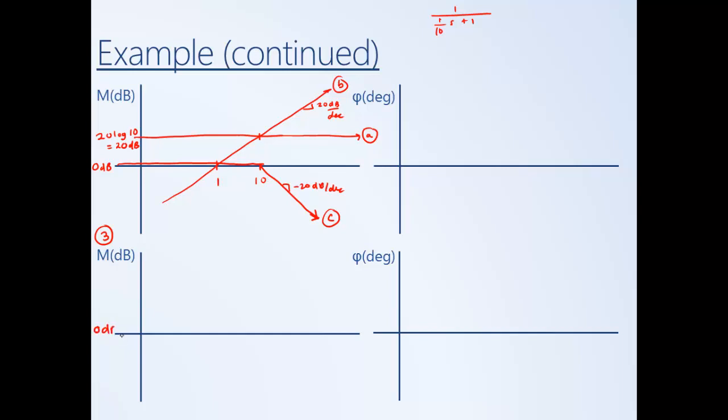So for example, if we pick 1 radian per second as our frequency, we have one component that has a magnitude of 0, another component that has a magnitude of 0, and a component that has a magnitude of 20. So if we add the magnitudes of components A, B, and C, we have 20 plus 0 plus 0, which is equal to 20.